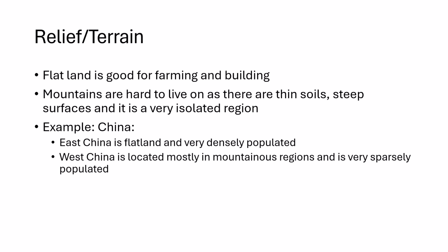A good example of this is China, which is obviously seen as one of the most populated areas, but in fact, a lot of the country is quite sparsely populated. East China, areas like Beijing or Shanghai, is actually quite flat, so they have a very dense population. However, Western China or Northern China is located mostly in mountainous regions like the Himalayas, and it's quite sparsely populated.